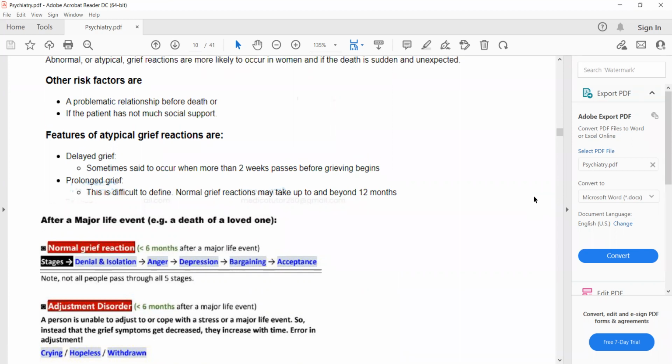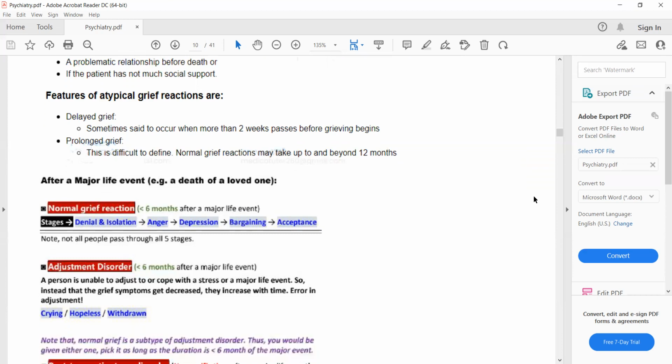So usually the normal grief reaction persists for less than 6 months after a major life event. And the stages of a normal grief reaction include denial, anger, depression, bargaining, and acceptance.